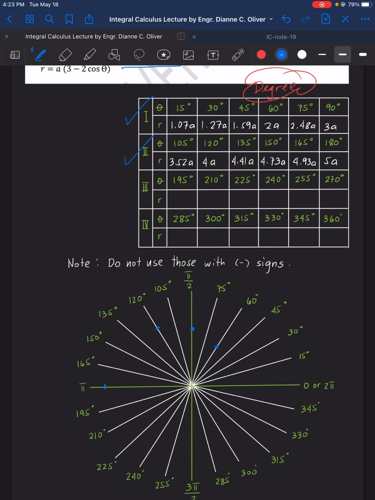And if we see at 30 degrees, we have 1.27. And then at 15 degrees, we have 1.07. So it did not go to 0. It's just here. And sketch the curve. Or let's just connect the dots.